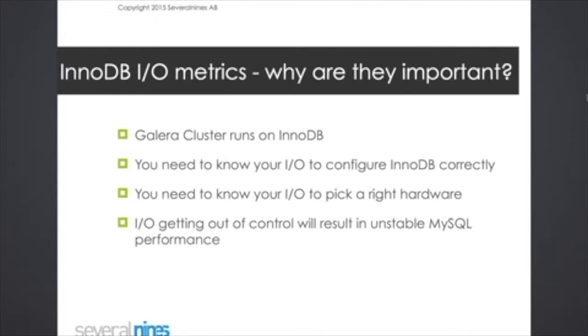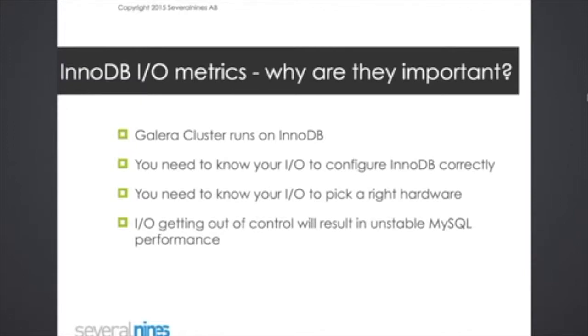So if you are considering, let's say, some spindles still in the configuration, or you have a server with mixed spindles and SSDs, then you probably want to know a little bit about what kind of I/O your InnoDB is doing the most. And obviously, when I/O gets out of control, it will result in unstable MySQL performance.